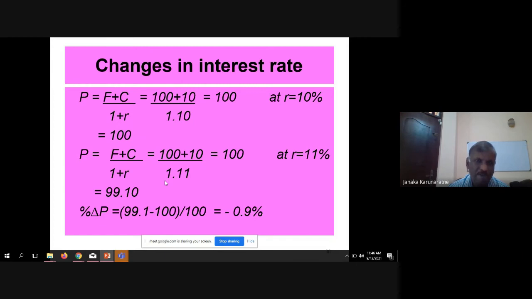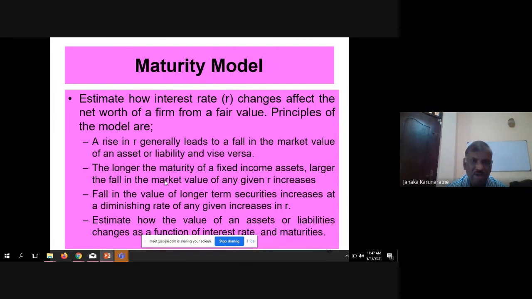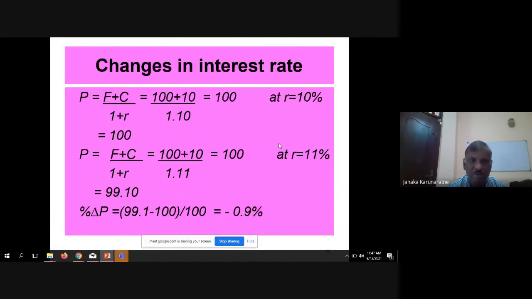So what happens? Whenever interest rate increases in a fixed coupon bond, your value will come down. Value drops, right?